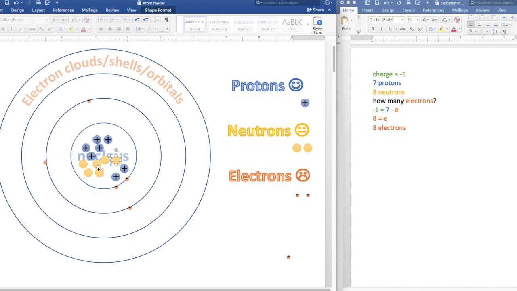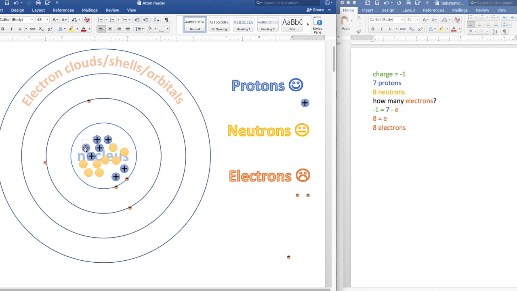1, 2, 3, 4, 5, 6, 7, 8. I'm just doing that so you can see how it looks with the neutrons in there. And then now my charge is -1, which means every proton has an electron and then 1 extra electron.